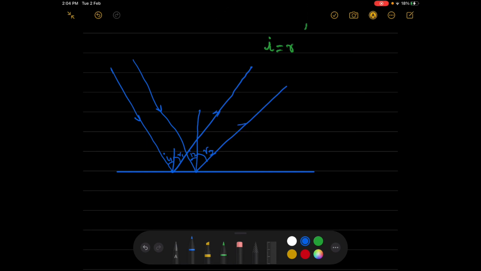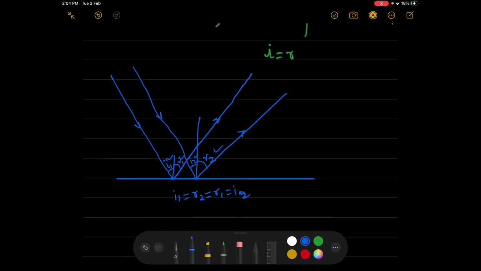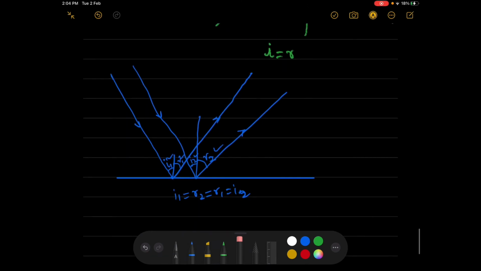Now these two reflected rays would also be parallel. So I1 would be equal to R1, which is equal to R2, which is equal to I2. It means all these four angles would be equal to each other because they are having a regular reflection. So this was what I meant to say.